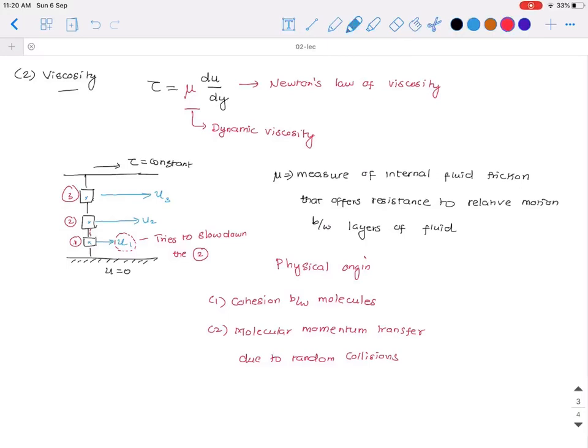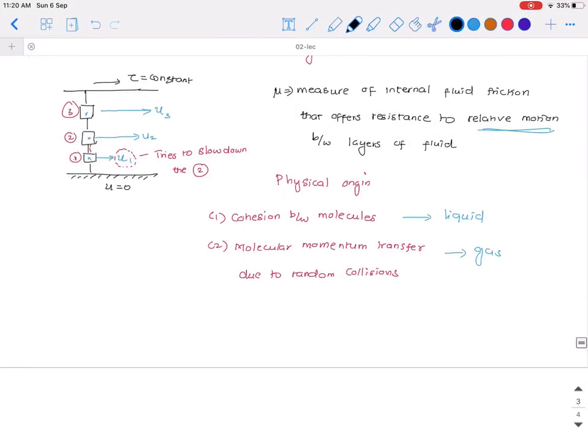Okay, in liquids the collision between molecules dominates, and in gases the random molecular motion and the associated momentum transfer dominates. Okay, so there is an internal mechanism in a fluid that offers resistance to relative motion between layers of fluid, and dynamic viscosity quantifies this internal fluid friction.